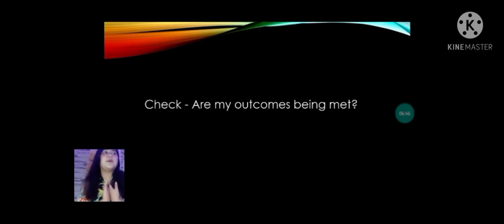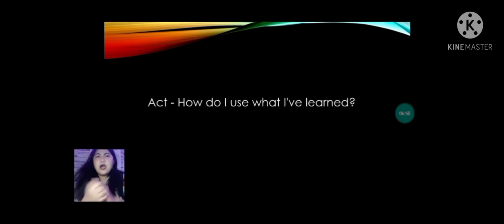So, this stage naman involves evaluation of assessment data, part of the 4 components. So, number 4 naman is act. How do I use what I learned? So, this stage naman involves reinforcing successful practice and making revision to enhance student learning. So, this is part of the 4 components.